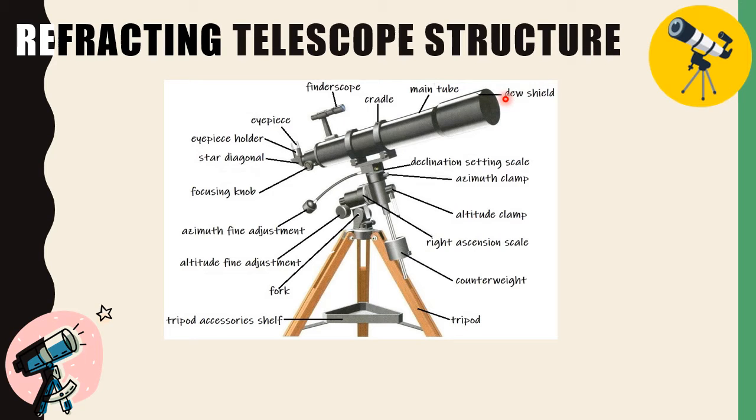The function of the objective is to take all the incident light into the metal tube. Then we have the eyepiece at the other end of this metal tube, and the eyepiece focuses the rays onto the human eye and the image is formed on the retina.